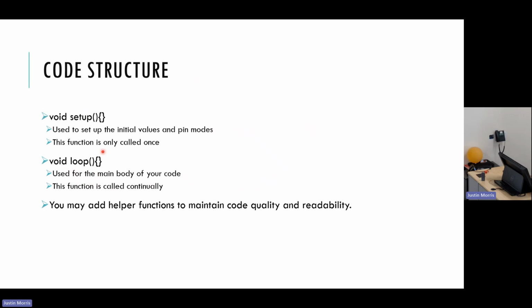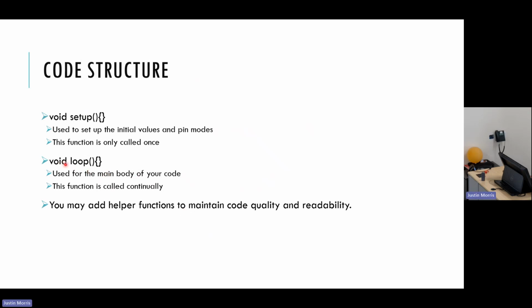And the other thing is, these are the only two functions that are given in the starter code when you make a new project, but you can add any helper functions that you want. So this will increase your code quality and readability if you have helper functions. Generally, we don't want our functions to do more than one thing.